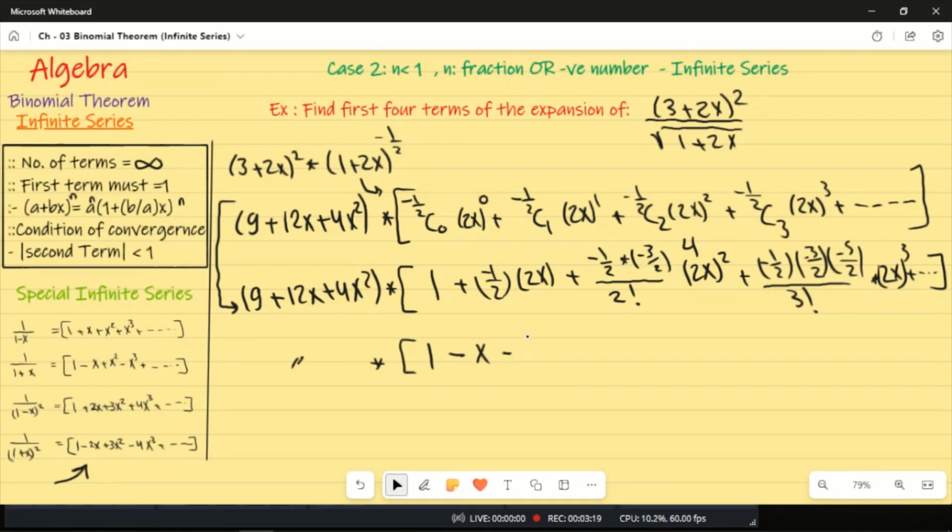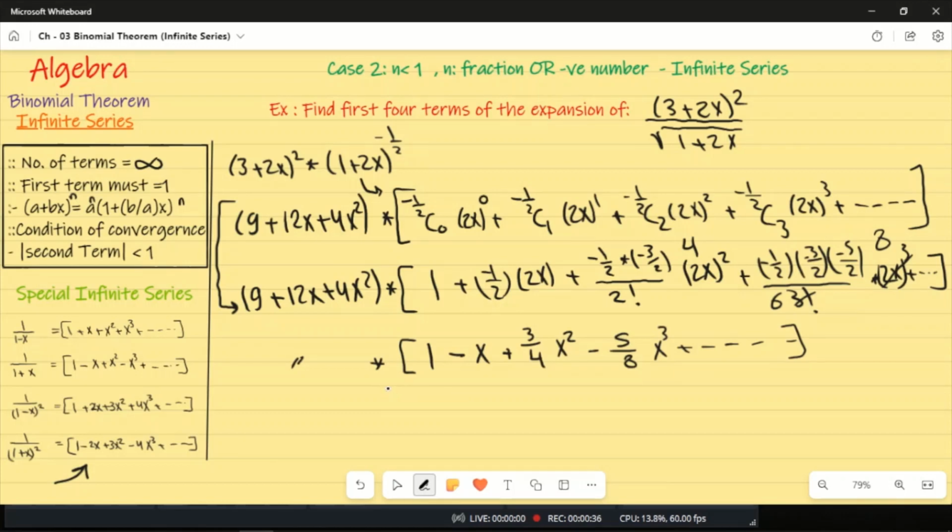So we have here plus 3 by 4 x squared, here minus 5 by 8 cubic x plus our completion.